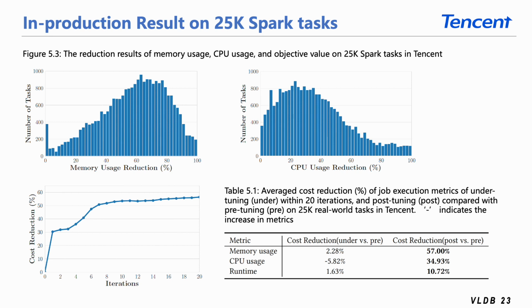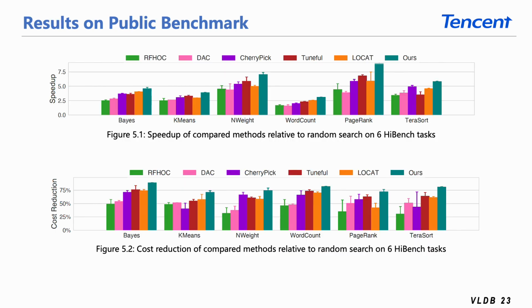We also demonstrate the gains and overheads of online tuning on these tasks in the table. Based on the results in this table, our service needs no more than 4 extra executions to amortize the CPU usage overhead on average. To further investigate the generality, we conduct end-to-end experiments on 6 HiBench tasks with 5 existing baselines on a small cluster, under 2 objectives: runtime and execution cost.